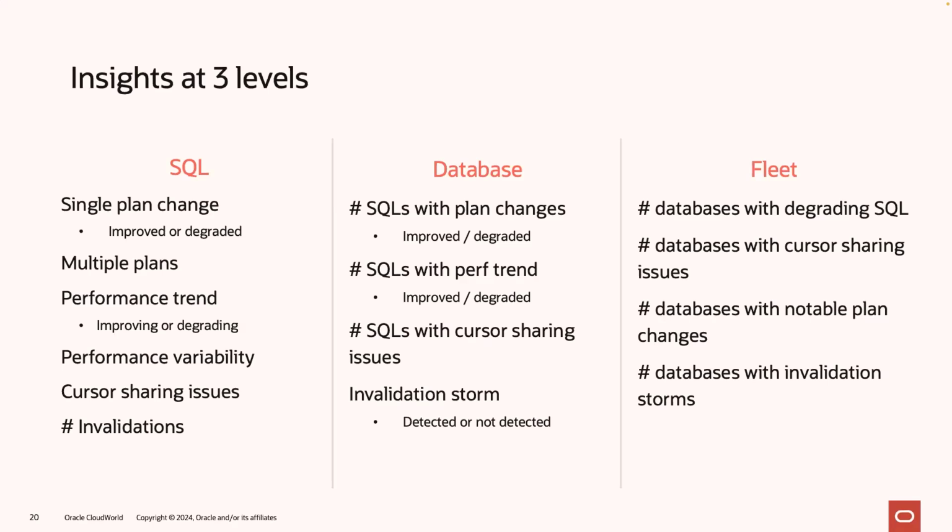Plan changes happen all the time. If we said how many databases had plan changes, it would be all your databases every day, because there's always a plan change somewhere. So we apply some heuristic thresholds that say, well, there's too many degrading, there's too many plan changes here. Let's look into that.